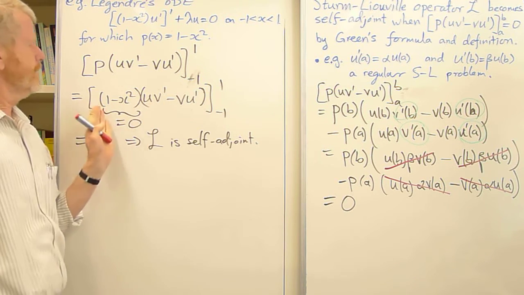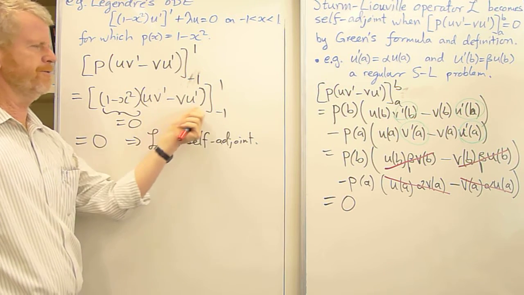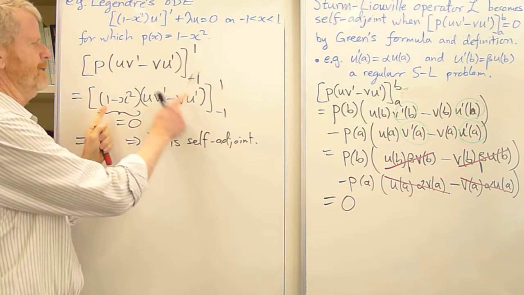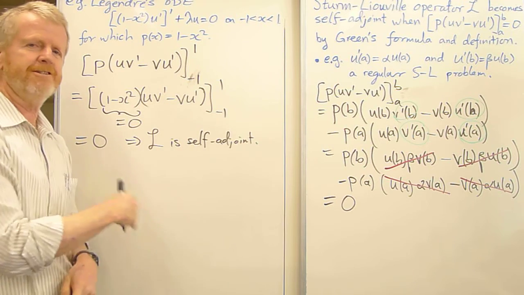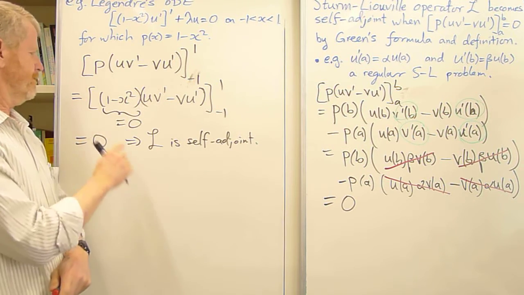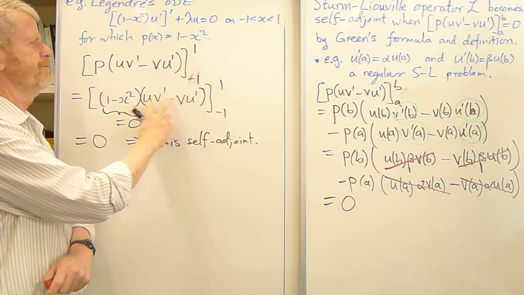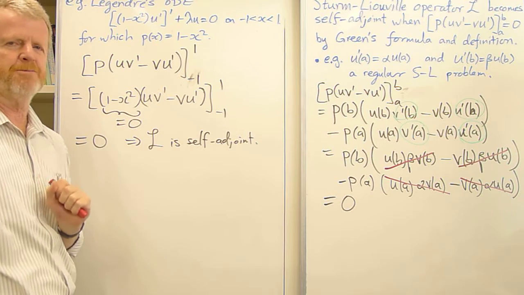Now what does that mean? It means that generally this term here goes to infinity as x goes to plus or minus 1. So if you take the limit of this product as x goes to plus and minus 1, you won't necessarily get 0. You only get 0 under the conditions that u and v remain bounded as x goes to plus or minus 1.